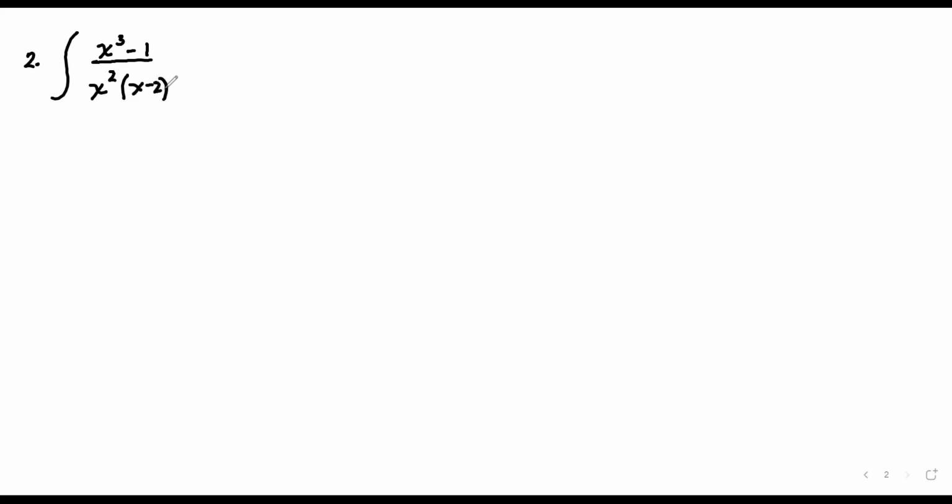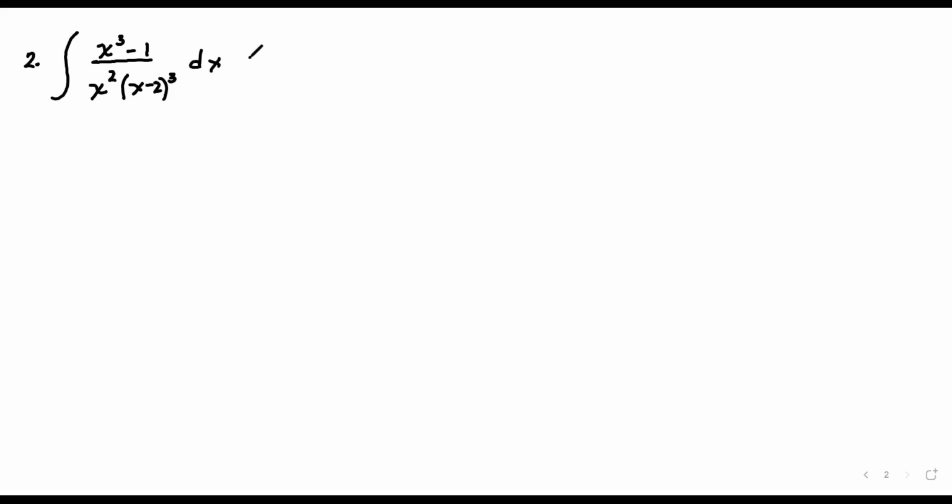All right, so number 2, the integral of x cubed minus 1 over x squared times the cube of x minus 2 dx. So here, class, as you've noticed, it's linear and repeated factors. Because the denominator has x squared, x minus 2, the square of x minus 2, the cube of x minus 2.